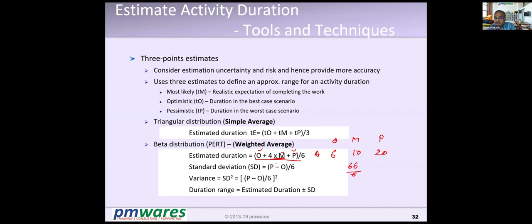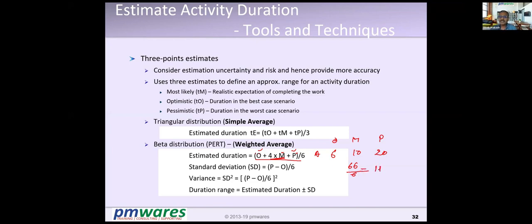We also call it weighted average, because we have given more emphasis on m. Why? Because if we do not give more emphasis on m, the P and O could be very deviated and they influence the middle part a lot. So to reduce the influence of P and O, we have given more weight to m. So total points become 6. I divide by 6, it will become 11.